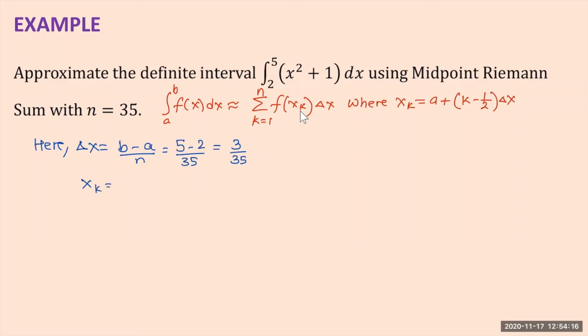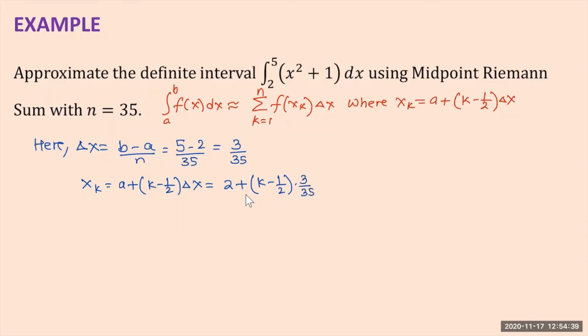xk is equal to a plus k minus half delta x, where a is 2 plus k minus half delta x, and delta x is 3 over 35.